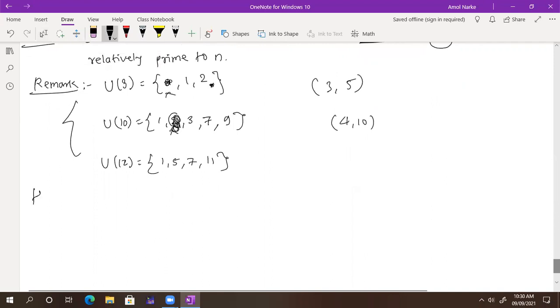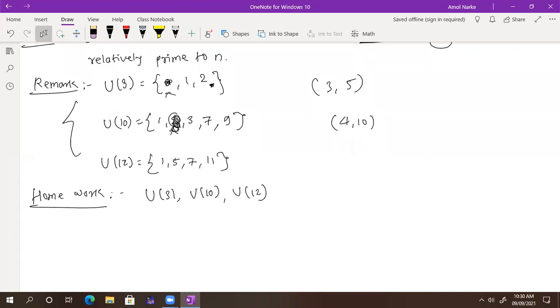So homework: check the above three elements, U3, U10 and U12, whether each is a group or not. Everyone, do you understand how to solve this one?